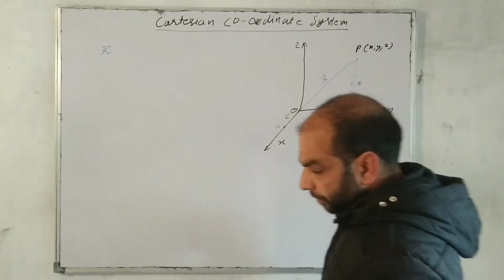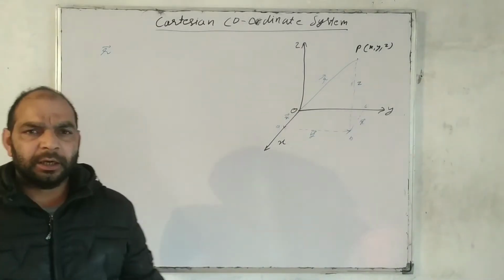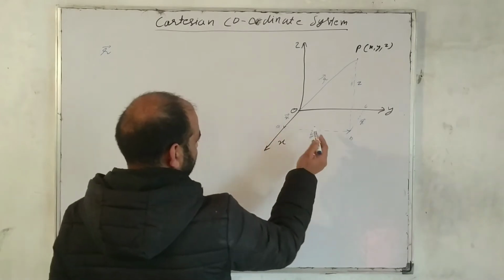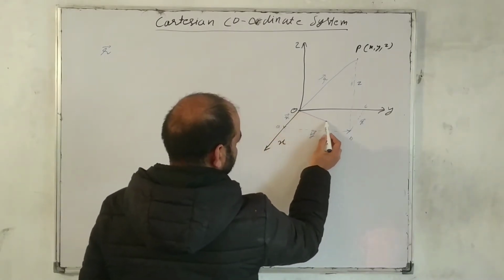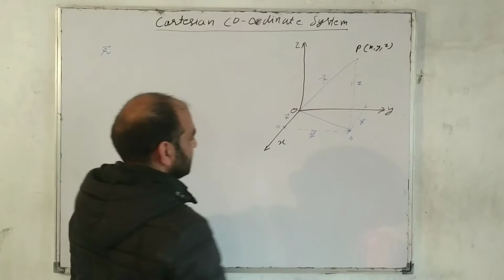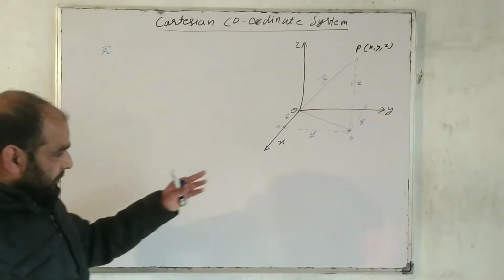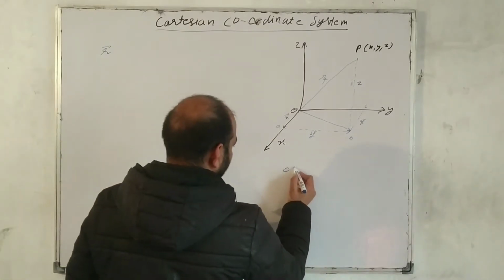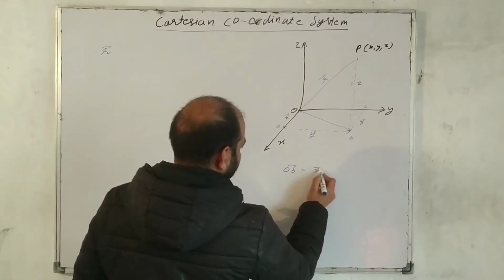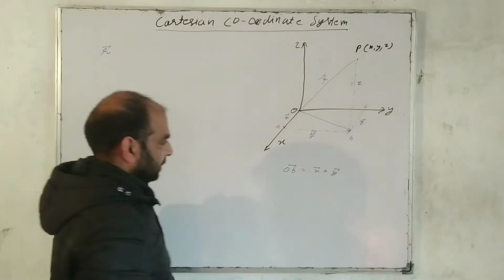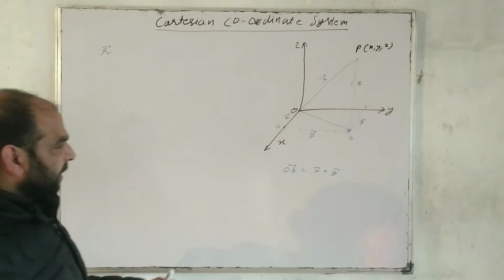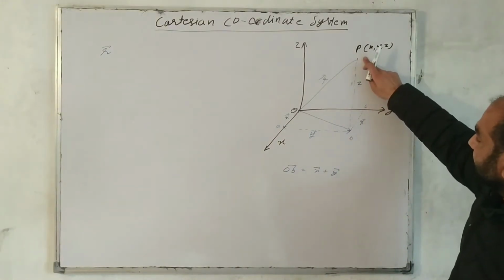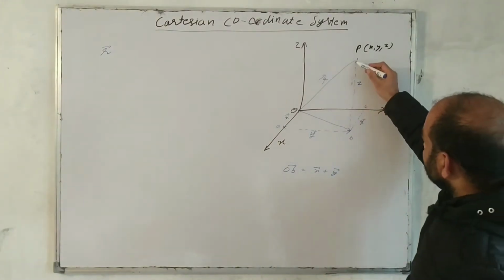Then according to the triangular law of vector addition, the sum of this x and y vector will be the OB vector. So OB vector is equal to x vector plus y vector. Then we have another distance, BP. This is another vector.